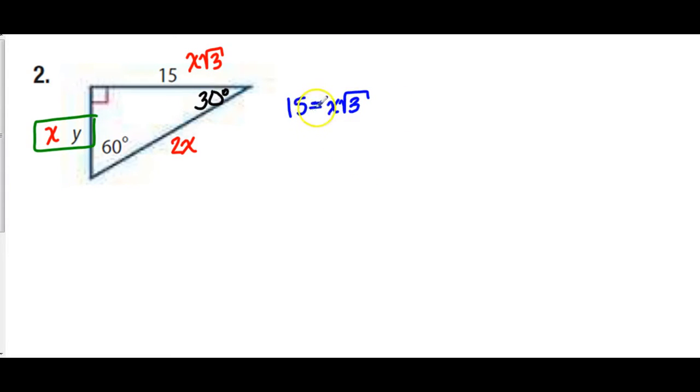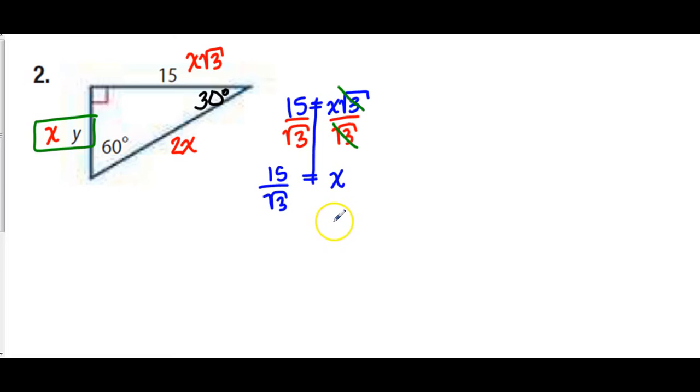Let's solve. To solve, we need to divide both sides by the square root of 3. The square root of 3 divided by the square root of 3 cancels, that equals 1. And now I have x equals 15 divided by the square root of 3.